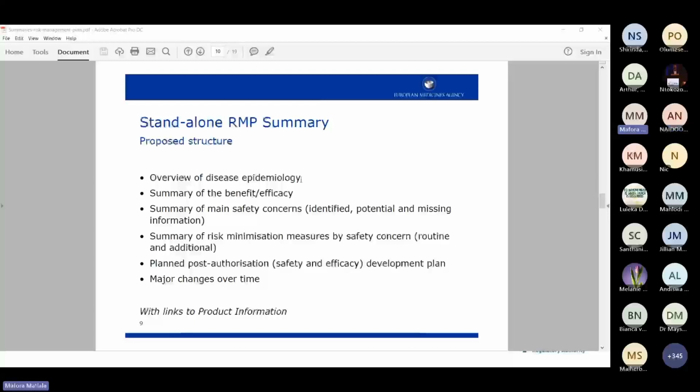Overview of the disease epidemiology, summary of the benefit and efficacy, summary of the main safety concerns, identified, potential and missing, and then summary of the risk minimization measures by safety concern, routine and additional, any plan for post-authorization development, and measure changes over time if you are at the post-registration stage. So this is basically what you go into. It's literally about 2 pages or something like that, and that's what we're going to publish. Does this clarify your question?